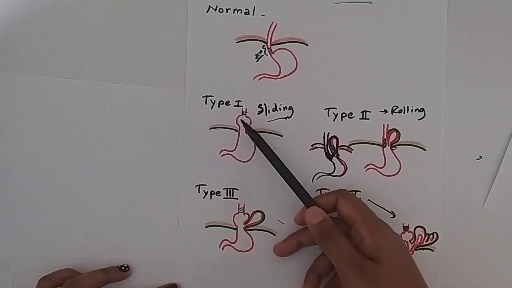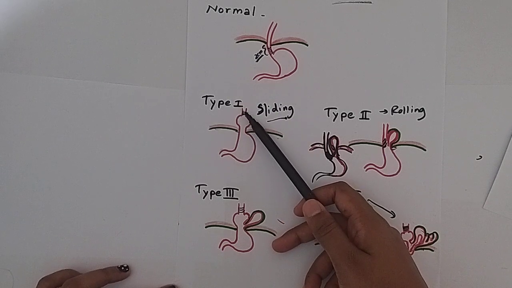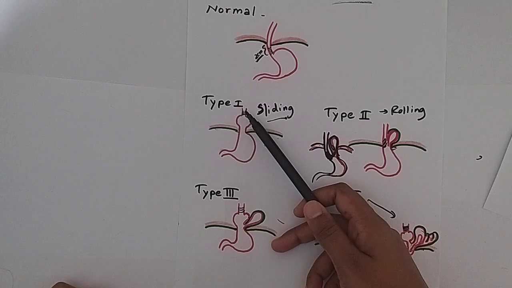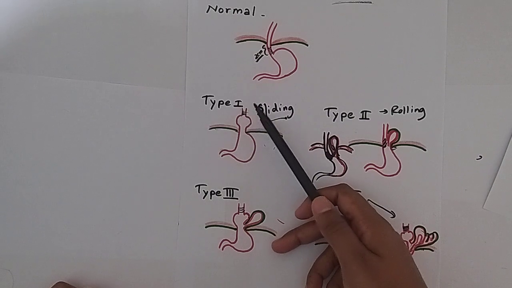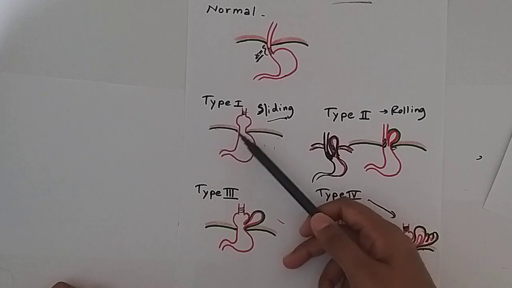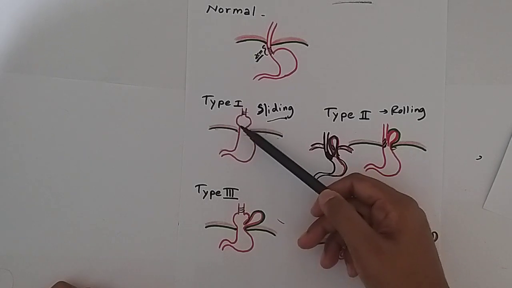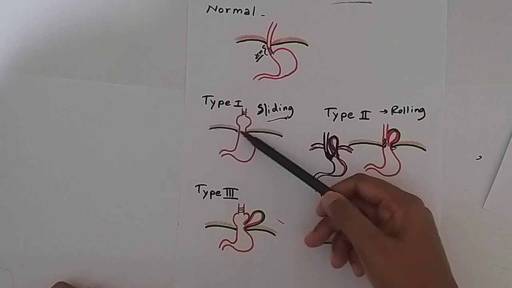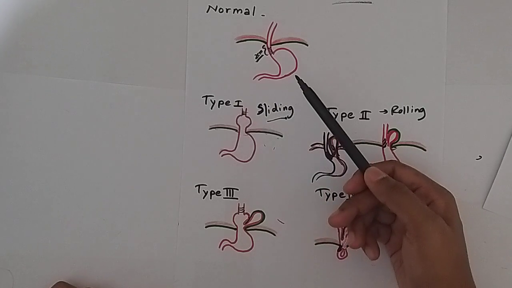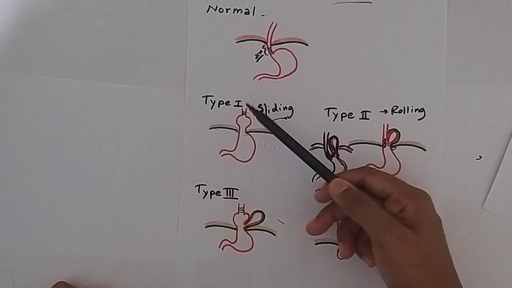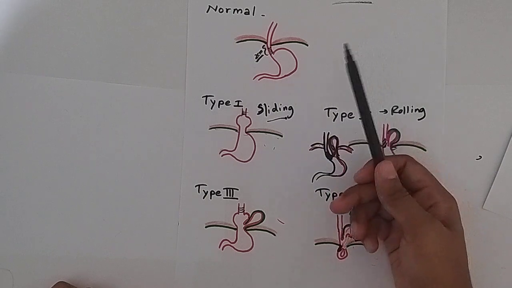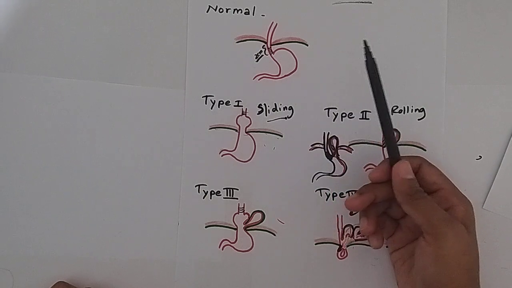Because of this, the patient has gastroesophageal reflux. This is the sliding hernia, and you can see the peritoneum is in the normal position. It has not gone upward, so this hernia doesn't have a sac. This is a sackless hernia, so we can call it a sackless hernia, pseudo hernia, or false hernia.